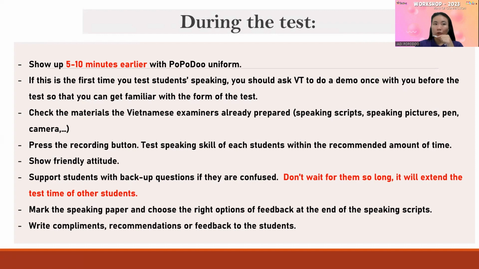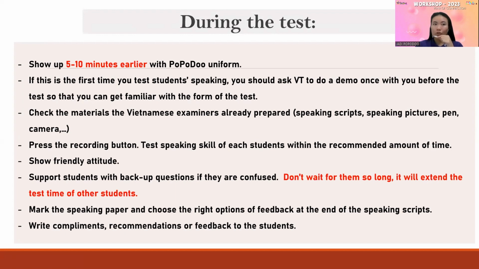First, you need to show up 5 to 10 minutes earlier with Bubble uniform. You need to show up earlier because you have to make sure that everything is ready for the test. If this is the first time you test student speaking, you should ask the Vietnamese teacher to do a demo once with you before the test so that you can get familiar with the form of the test.